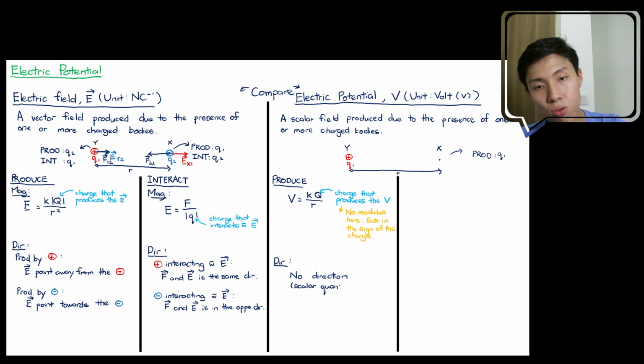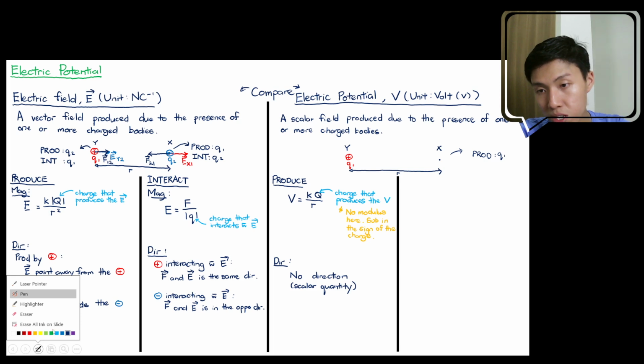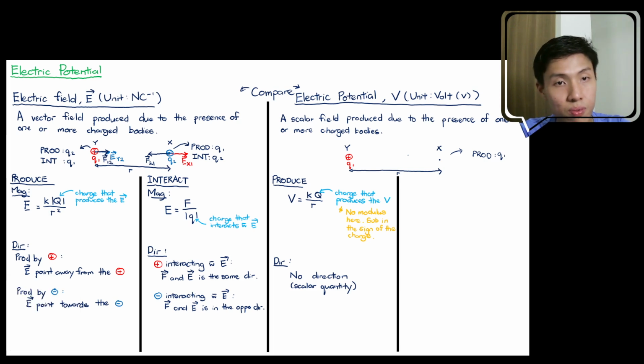Right now, continuing with a similar scenario, we know that position X is not just empty. At position X, there's actually Q2 that exists over there. So we're going to place Q2 at the position.